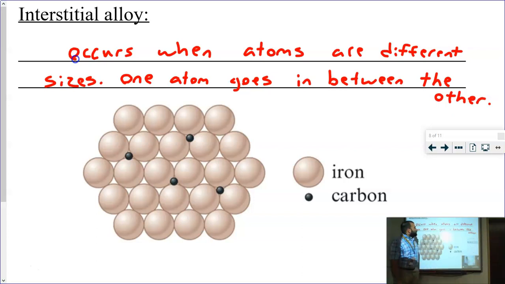Okay, one atom goes in between the other atom. This is iron and carbon.